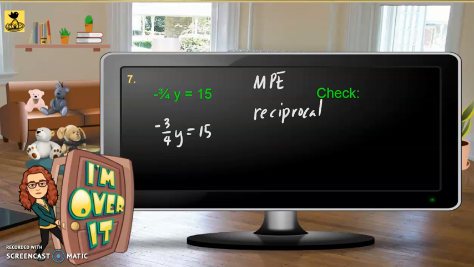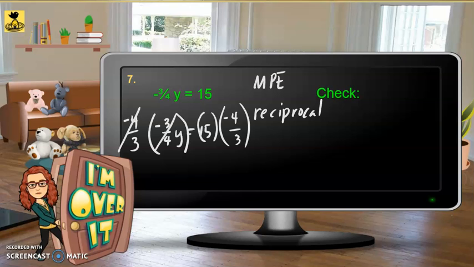The reciprocal of negative 3/4 is negative 4/3. We will do that on our right side here. So negative 4/3. Of course we cancel out negative 4/3 times negative 3/4. That will give us 1. So 1y is only y.